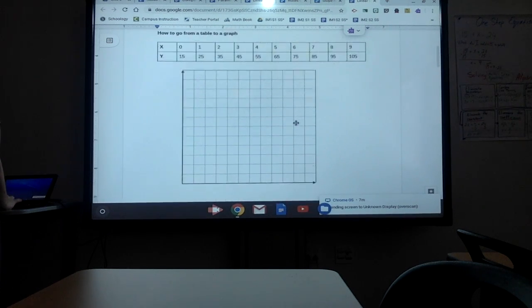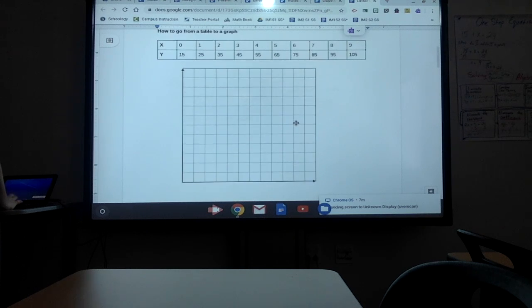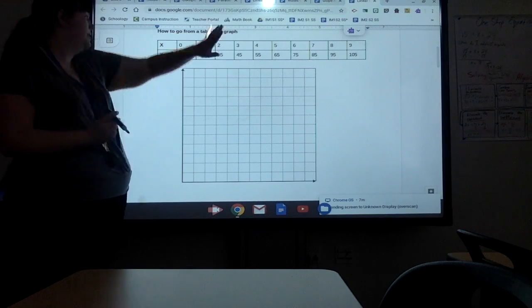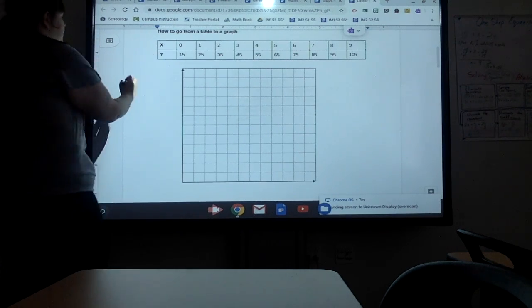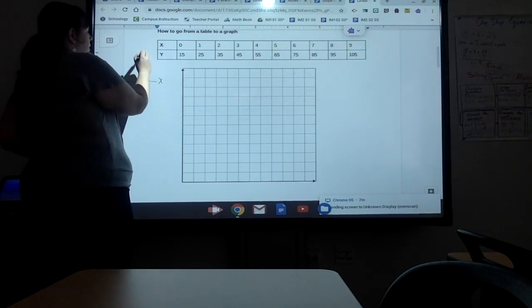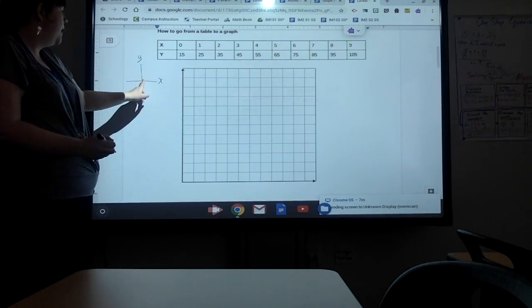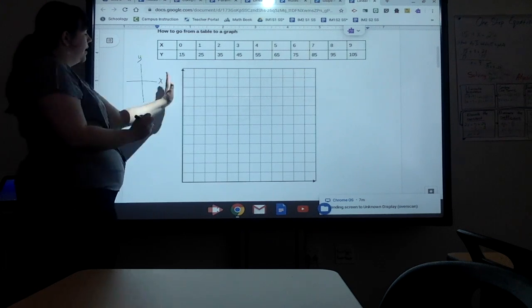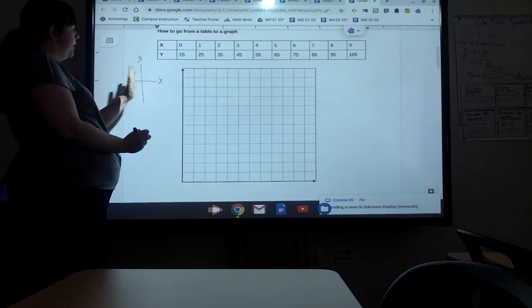So we're going to start with how do we go from a table to a graph. This table happens to all be positive. When you look at a graph like this, and this is my x's and these are my y's, this side are positive x's on the right, and on the left is negative x's.